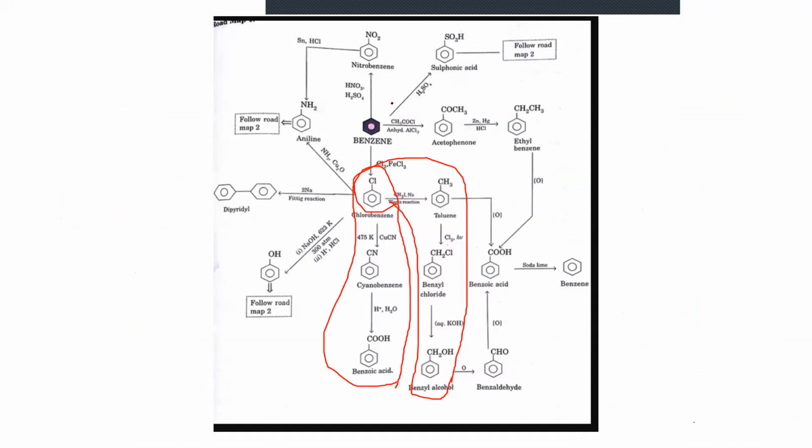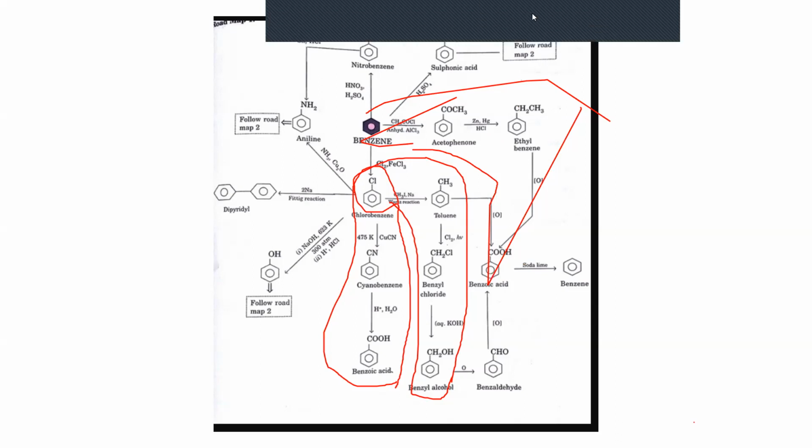Benzene to benzoic acid, or you can go by benzene Friedel-Crafts acylation. You are getting acetophenone. Acetophenone reduction, the CO group gets reduced to CH2CH3, ethyl benzene. Ethyl benzene on oxidation gives benzoic acid. This is conversion number 4.